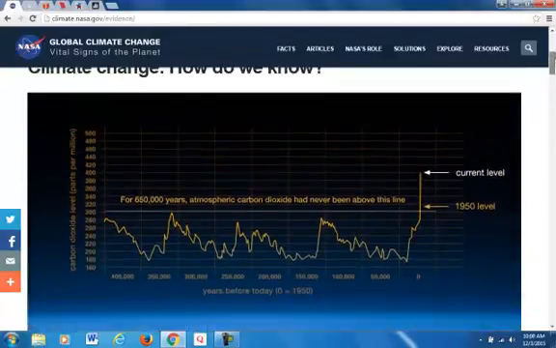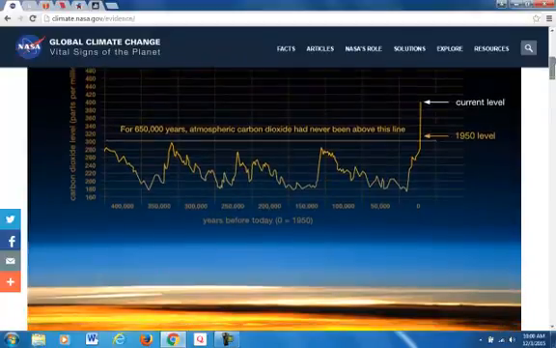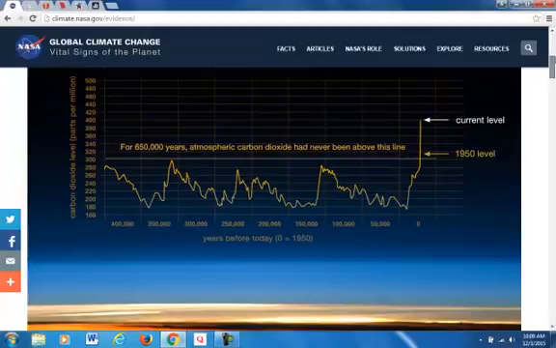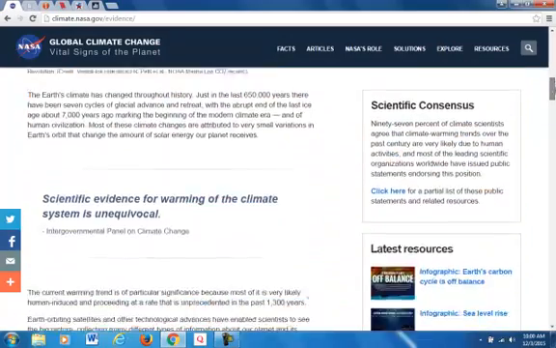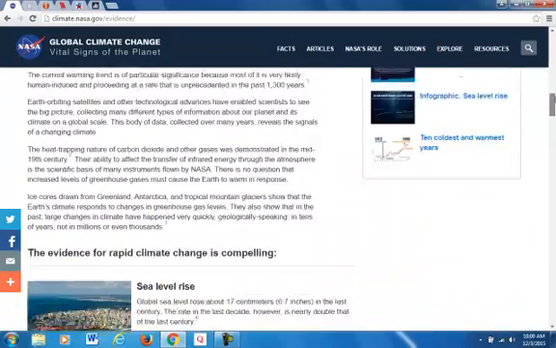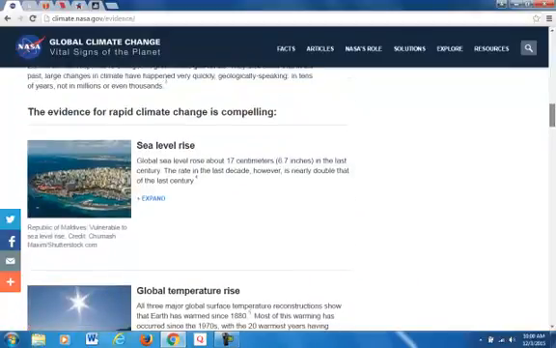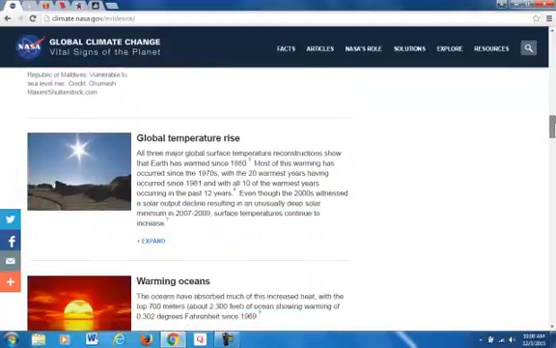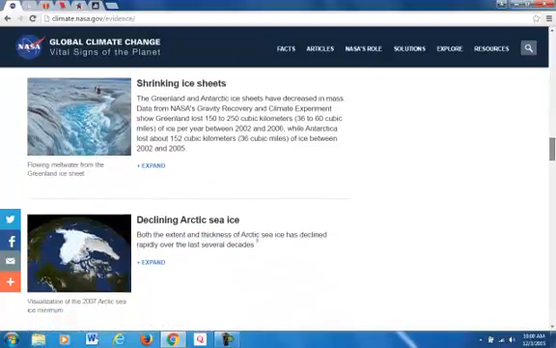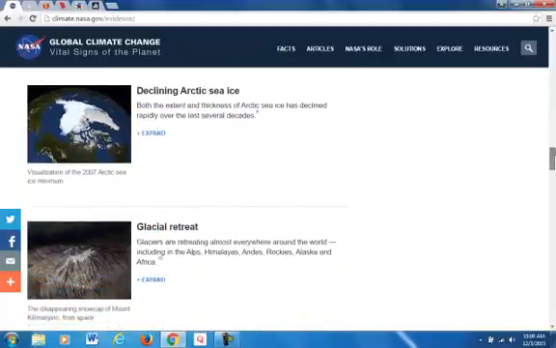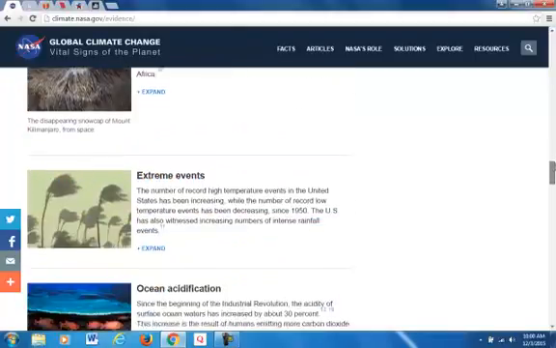Right now, it shows how global warming and the increase of carbon dioxide over hundreds of thousands of years. And I would read through this, and then I'll see how the sea level is rising, global temperature rising, warming of the oceans, how the ice sheets are sinking, and how the Arctic Sea is shrinking.